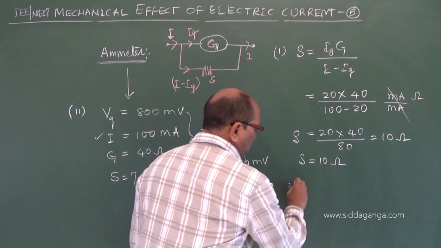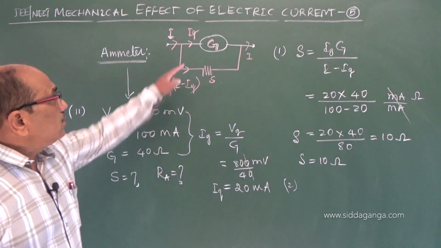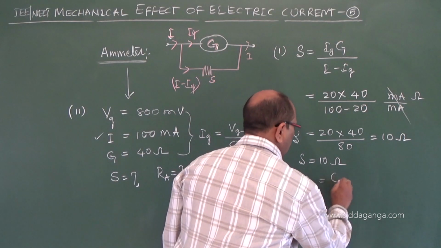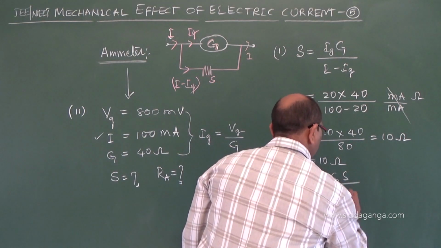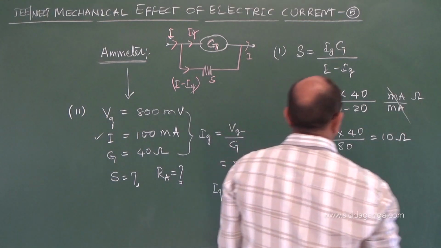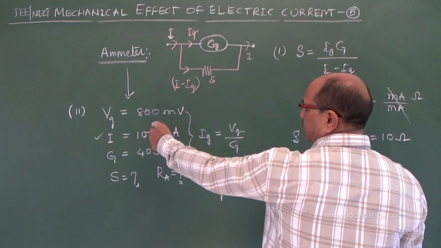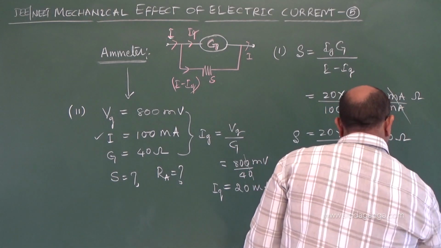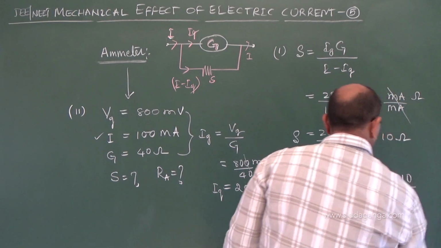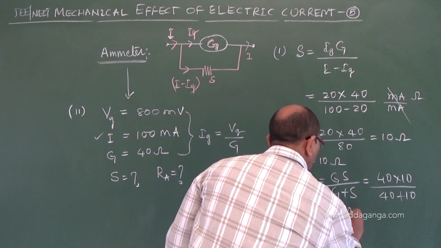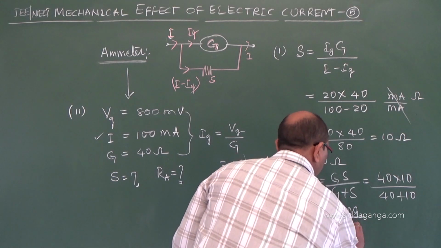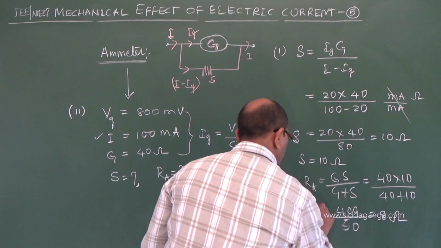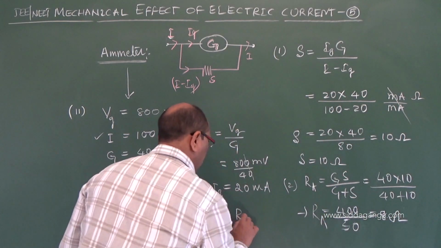Effective resistance of the ammeter is asked. These two are in parallel and you have a relation for this: Gs upon G plus S. G is 40 ohm. 40 into 10 divided by 40 plus 10. 400 by 50 is equal to 8 ohm, the resistance of the ammeter.